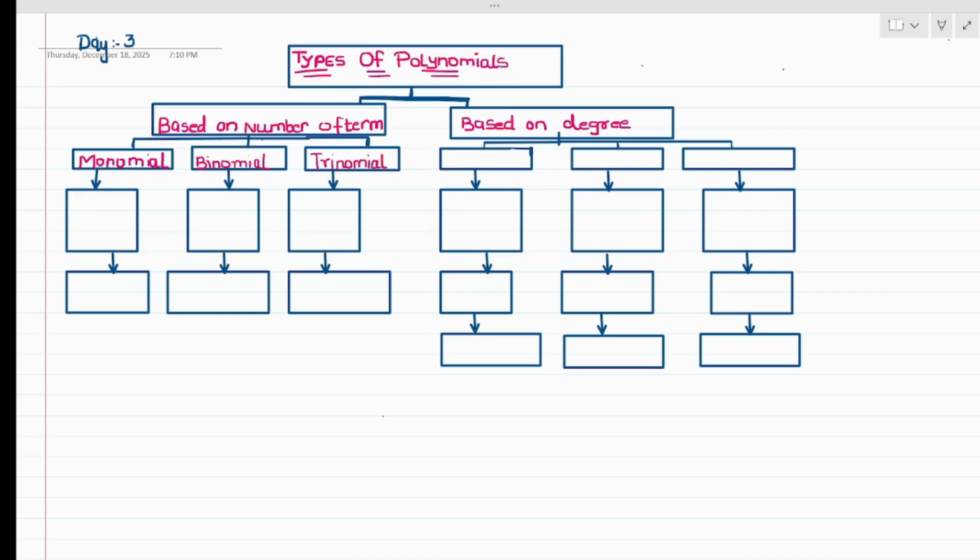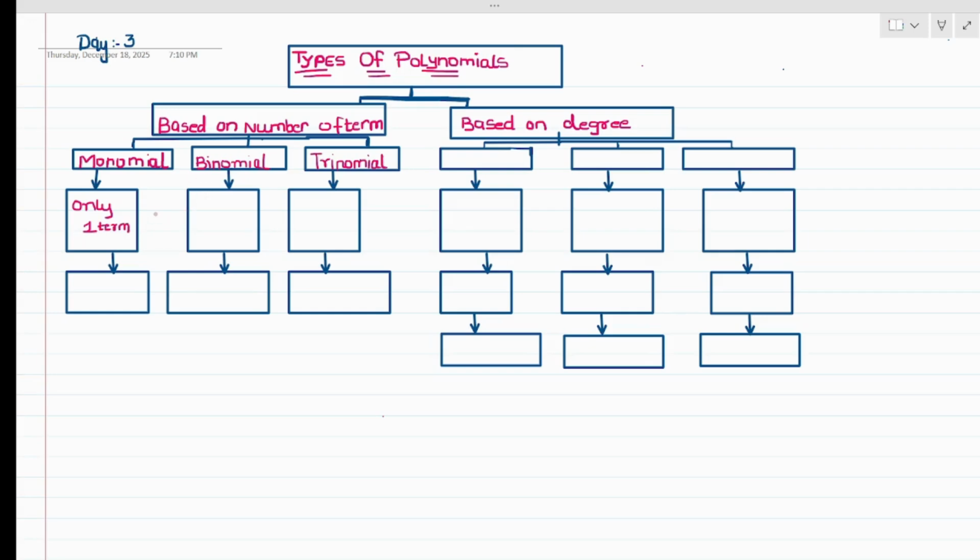Based on the number of terms, first is monomial, second is binomial, and third one is trinomial. Let's take the example of what monomial means. Monomial means that only one term is used. One term. Okay.